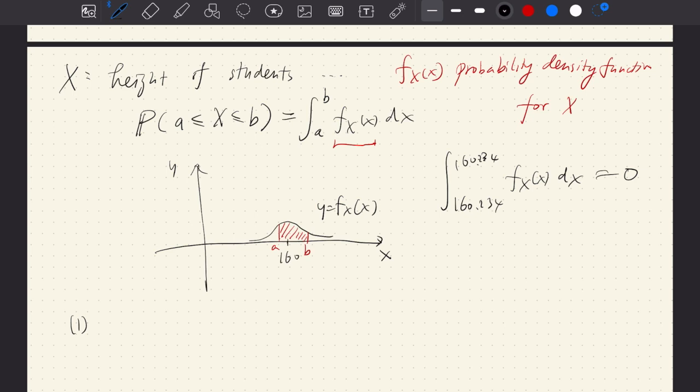At the least it should be 0, so it is 0 or positive. So we know that f_X(x) is 0 or positive for all x. This is the first requirement for a function to be a probability density function.